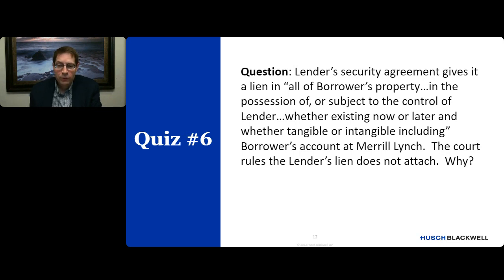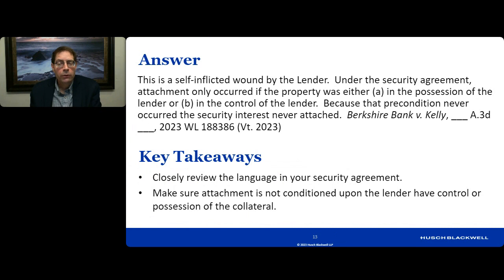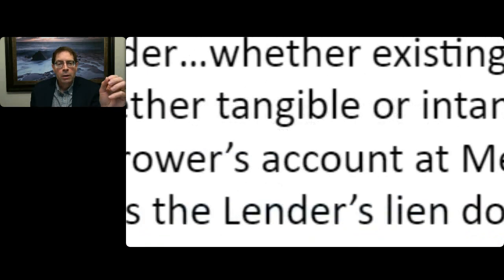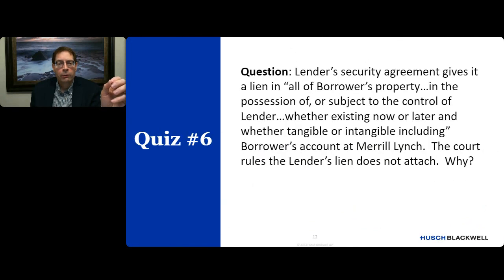Well, the answer is this is a self-inflicted wound, all right? Under the security agreement, let's go back and look at the language. You'll see it says it's all of the borrower's property in the possession of or subject to the control of the lender. Well, the problem is this account is at Merrill Lynch, so it's clearly not in the possession of the lender.